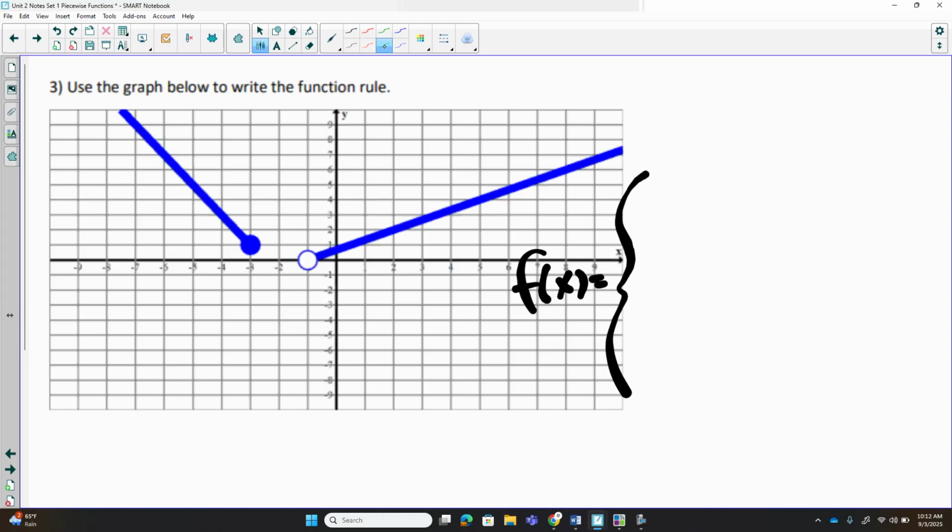It makes it easier for me to grade, and easier for you to find your f of x's. Go ahead and find the slope of that first line. Find the slope of this one right here. Find a point. Put it in point-slope form. Write your domain restrictions. I'm going to give you practice right now. I'll give you 5 minutes.